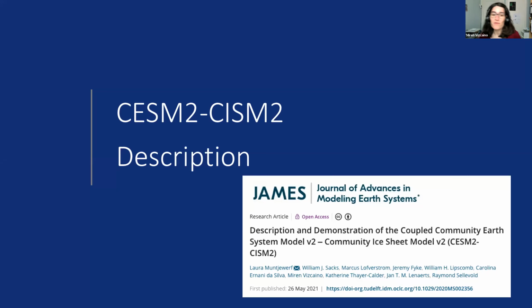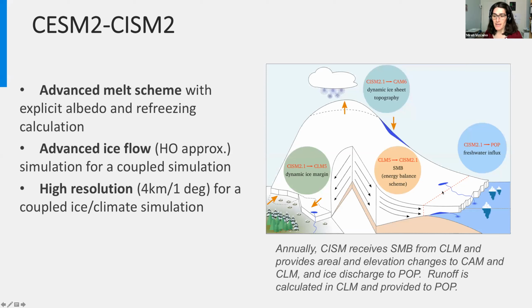Okay, so now moving to the coupled work. What we have in the coupled model, the Community Earth System Model coupled to the Community ice sheet model, is an ice sheet model running at 4 kilometers, and an SMB calculation that is done at 1 degree, but with elevation classes, we can get the product at a 4 kilometer resolution as well.